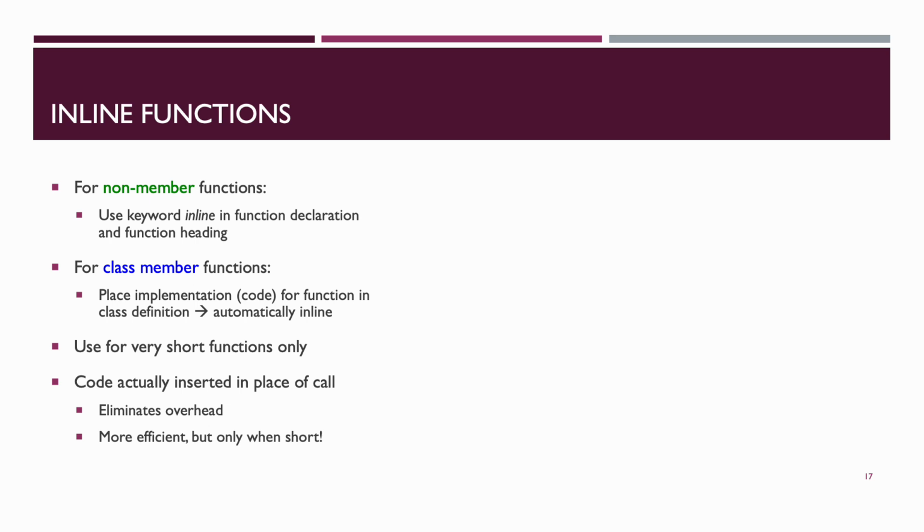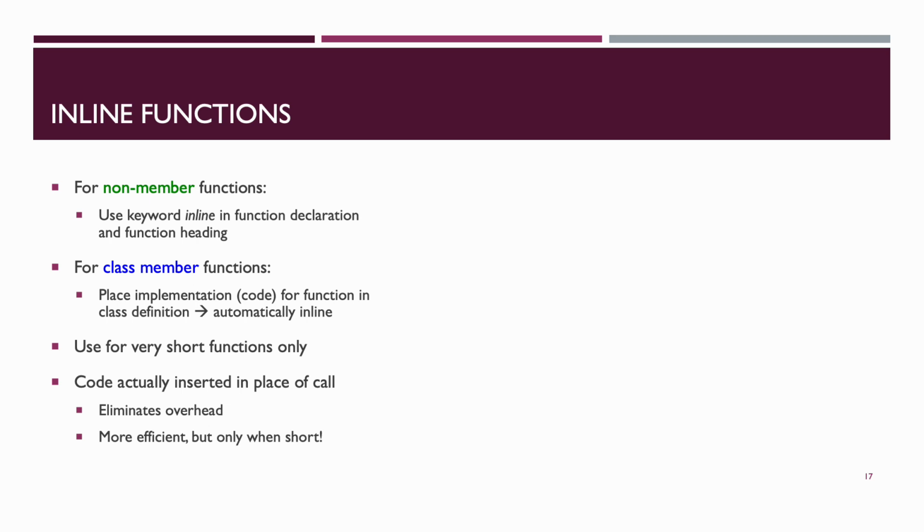Now, while inline functions can provide performance benefits by eliminating call overhead, they come with a trade-off: code size. If a large function is inline, it can increase the size of the compiled binary significantly because the function's code is copied at each call site.